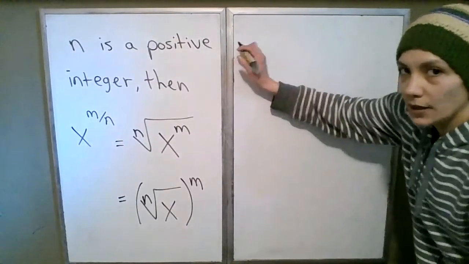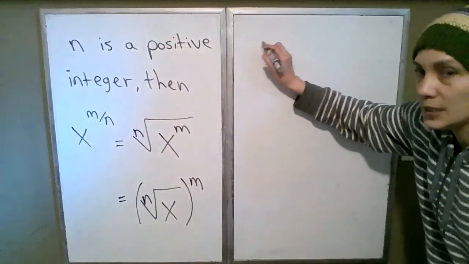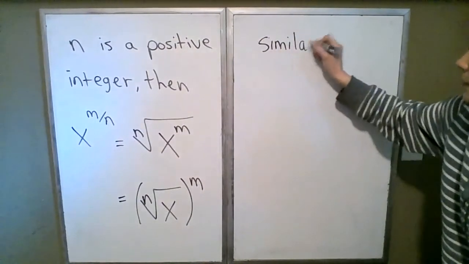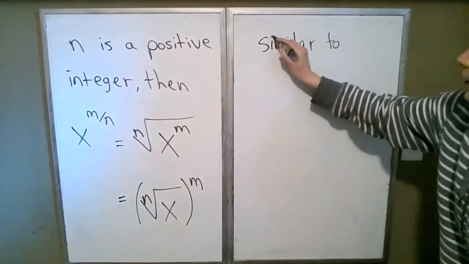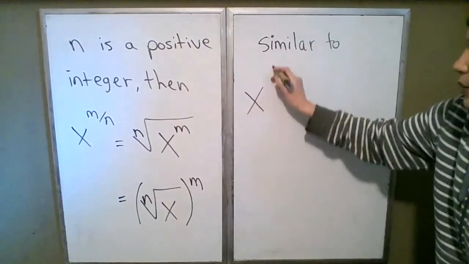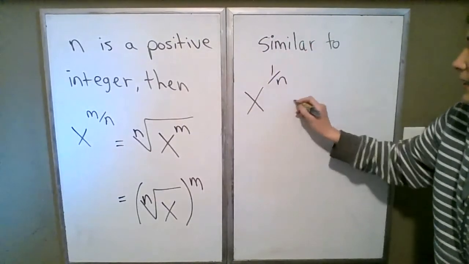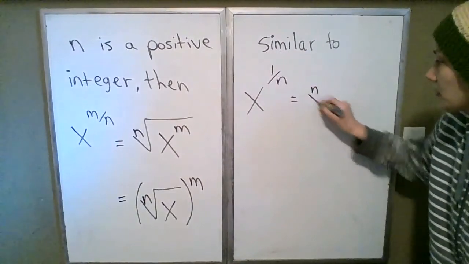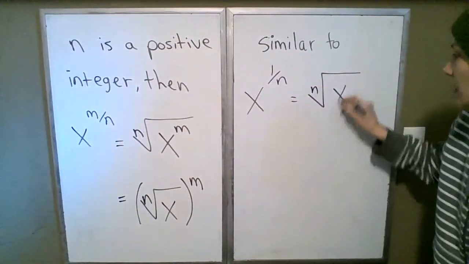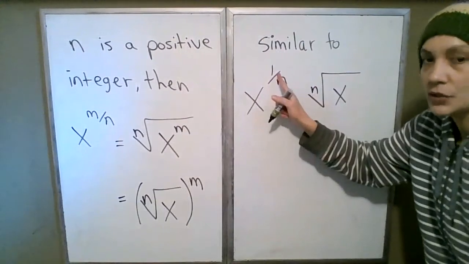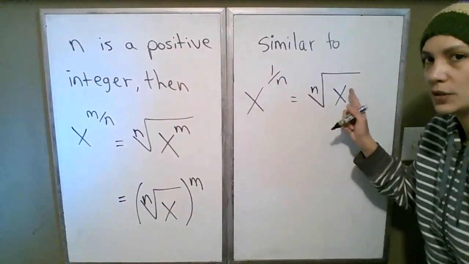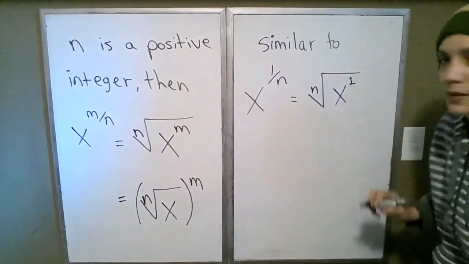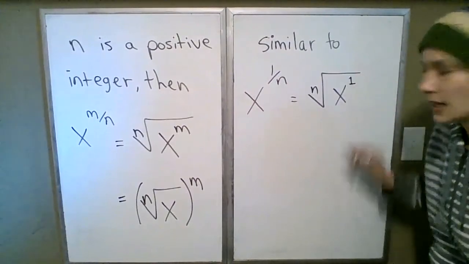So we already saw something like this earlier. It's similar to the other result with x, and it had a power 1 over n. And we wrote the nth root of x. And that power of 1, you could put on x under the root, which x to the first is still x. Or you could put it outside of the root.